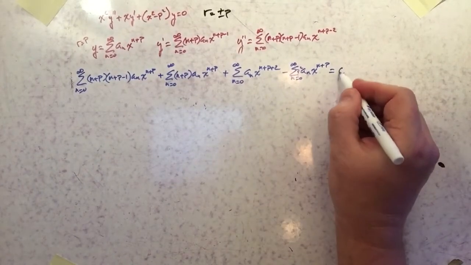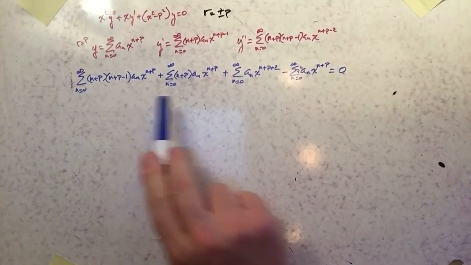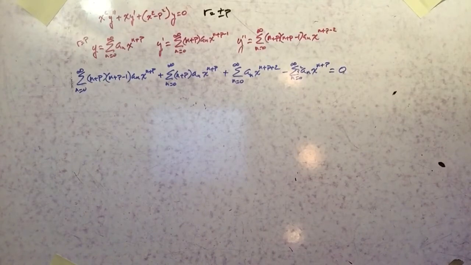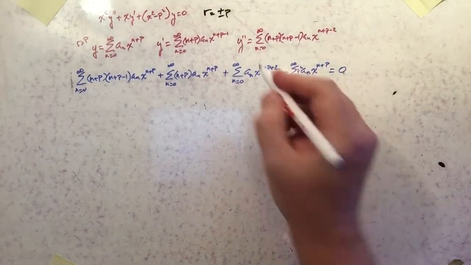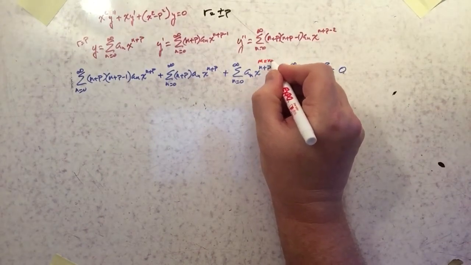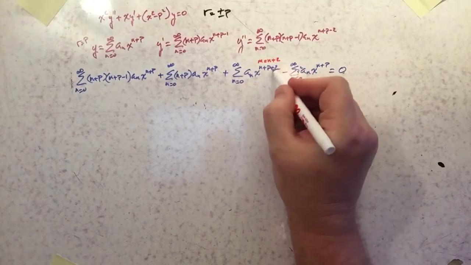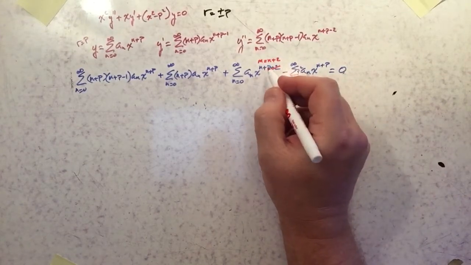Okay, all that adds up to 0, and we do have to change one index. Three of these summations have powers of n plus p, but one of them, this one right here, is n plus p plus 2. So I want to replace n with m, which is n plus 2. That's going to serve to remove the 2 here, and we'll just replace the m by an n.